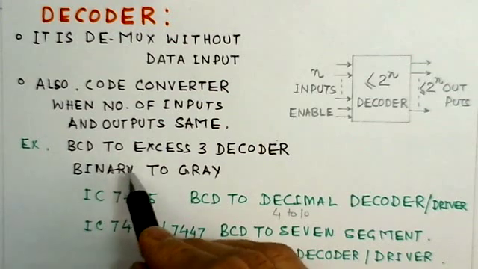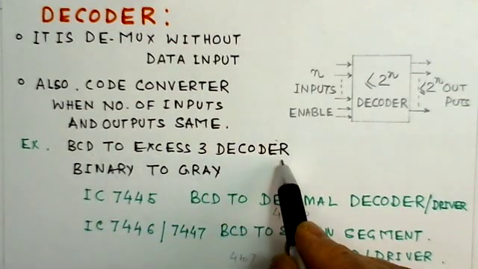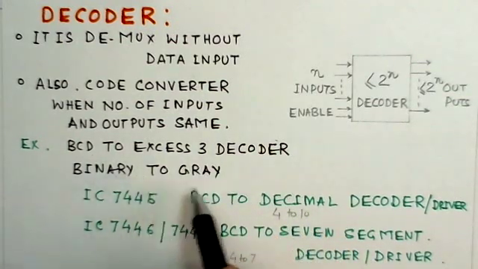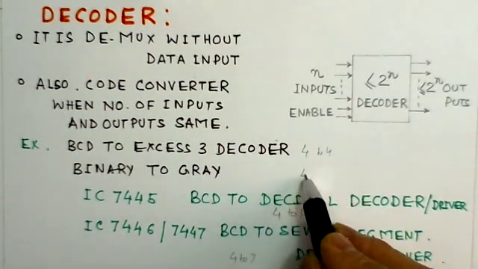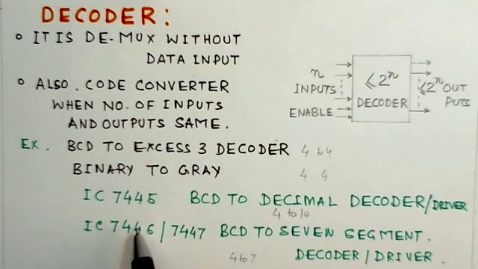This is a 4-bit to 4-bit converter, XS3 is 4-bit. Binary to Gray is also 4-bit by 4-bit. Now, IC 7445 is a BCD to decimal decoder, which is 4 to 10.